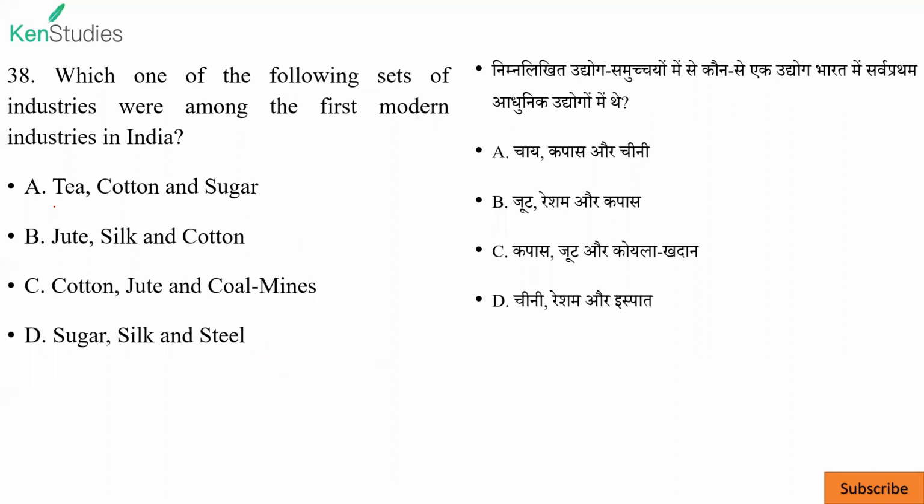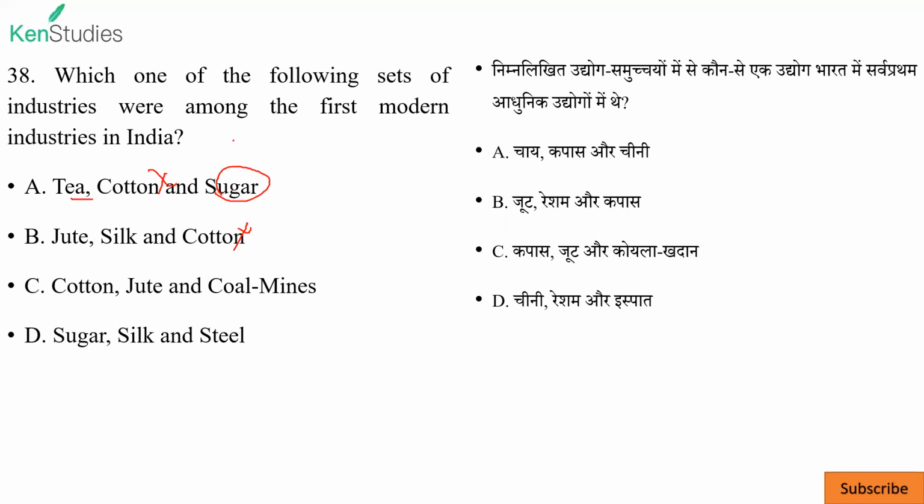Now question 38. Which one of the following sets of industries were among the first modern industries in India? It is saying first modern industry; actually the cotton industry is very old, so the first statement will not be correct. The jute industry is also very old. The cotton industry, however, is old, but tea and sugar are not that old.